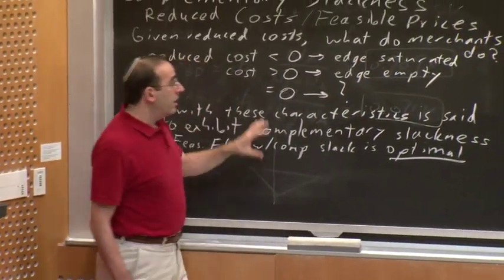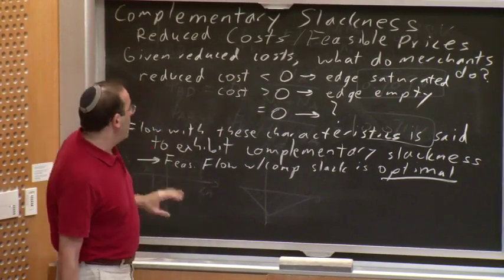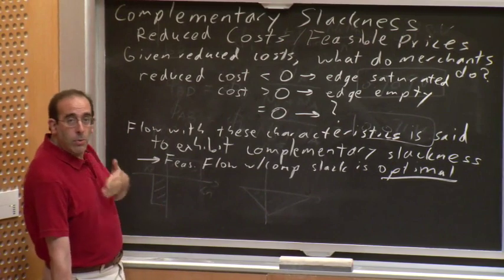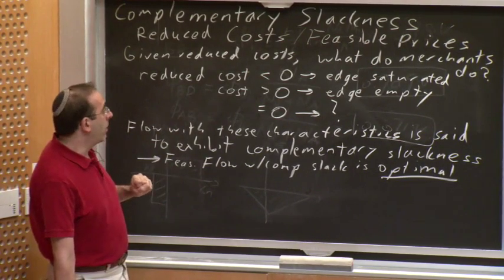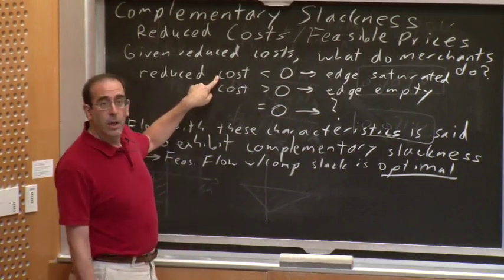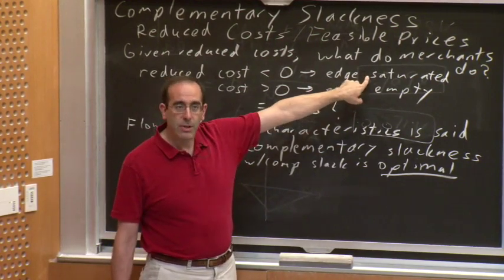But if you think about it, that's basically what we've said right here, right? So if we have complementary slackness, where are our negative reduced cost edges in the residual graph? Well, if I had a negative reduced cost edge in the residual graph, that would mean that in the original graph I have an edge that's not saturated.